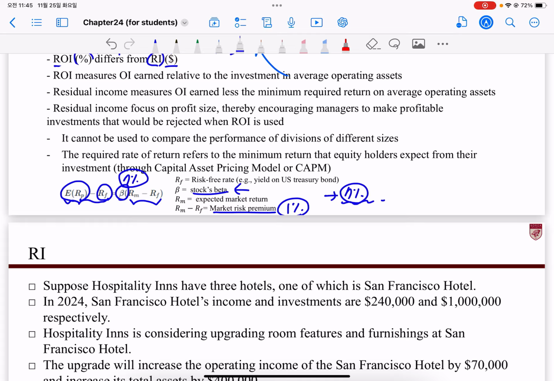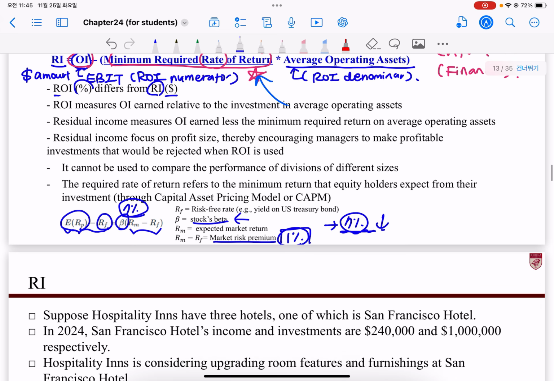And otherwise, if the market goes down by 1% with the stock beta of 7%, the company return will also go down by 7%. So it's like a sensitivity of the firm return to the market premium.